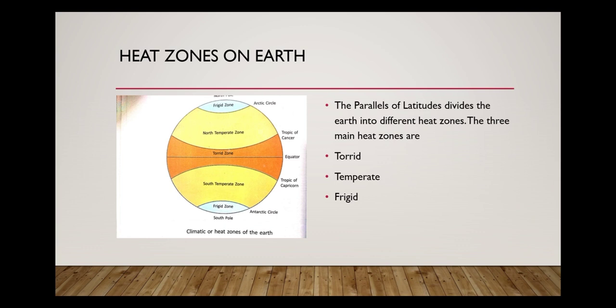The light blue or white portion near the poles shows the frigid zone. So these three different colors indicate the three different heat zones on the earth, and as you can see, the parallels of latitude divide the earth into three different heat zones.